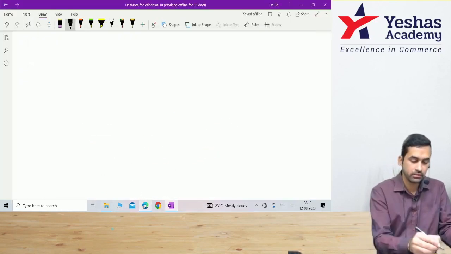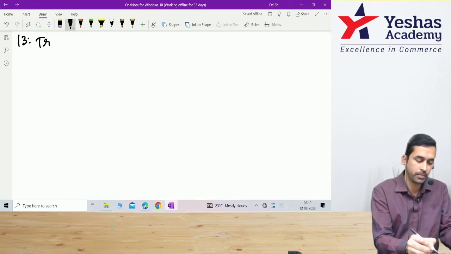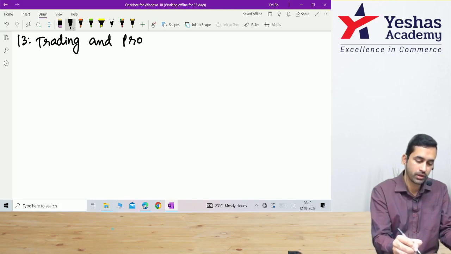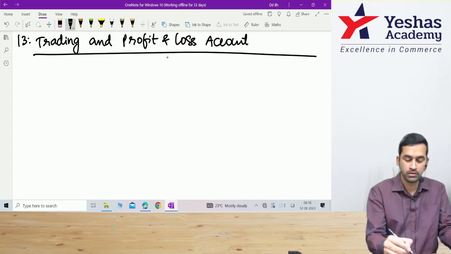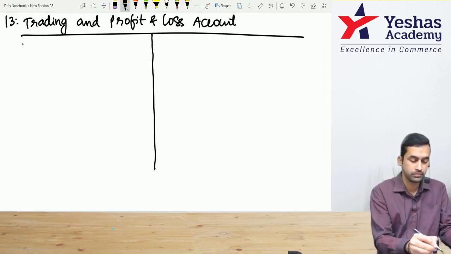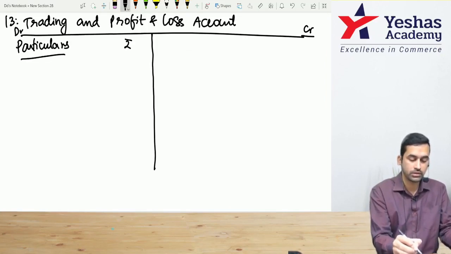First, heading trading and P&L account. Debit side, credit side, particulars, amount.